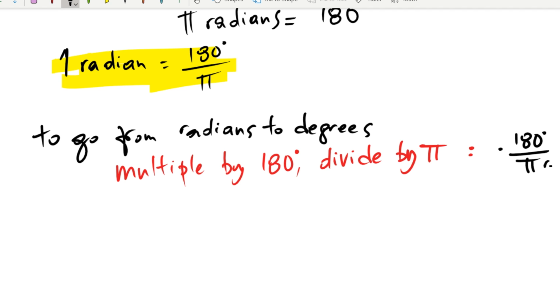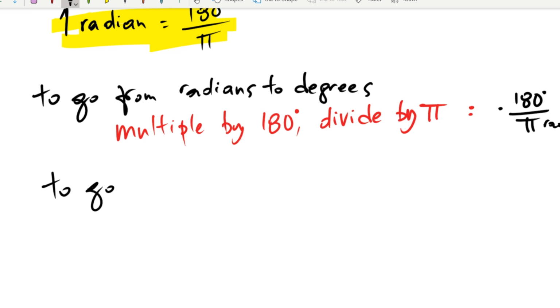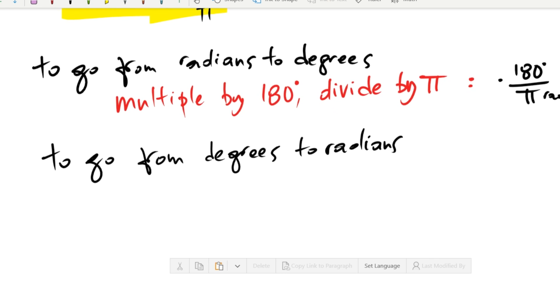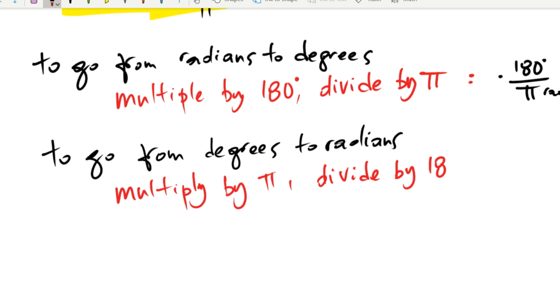Now, to go from degrees to radians, I'm going to multiply by pi, then divide by 180.